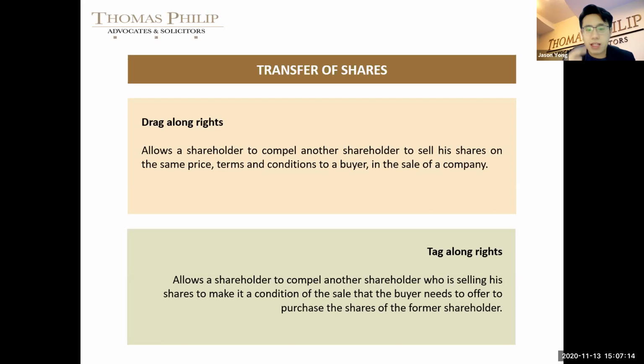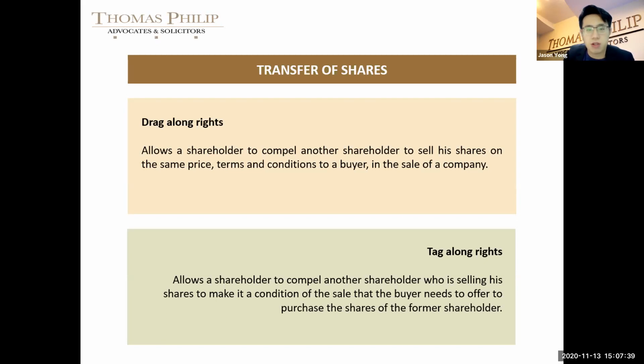Now, a tag along right is similar, but slightly different on who does what. A tag along right means like this. If I were to sell my shares to a third party, then the remaining shareholder gets a right to say, okay, I want to tag along to your sale and I want to sell my shares to the third party for the same price and on the same terms.